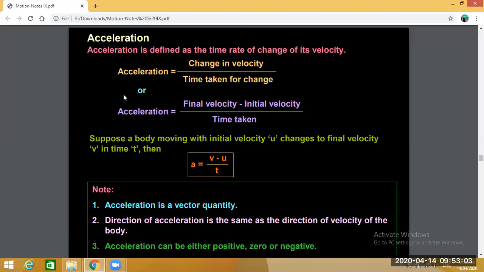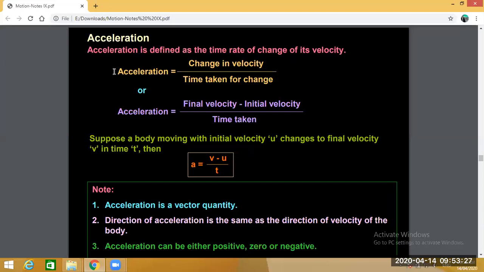topic, that is acceleration. Acceleration is another critical parameter that is associated with motion, and it helps us to describe motion. Let us check out what acceleration is.